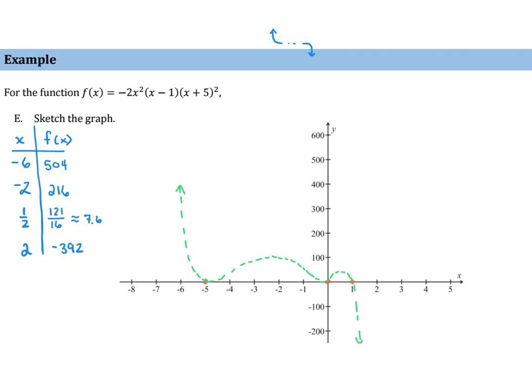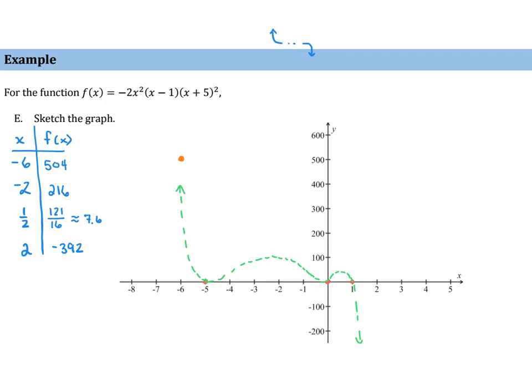So negative 6 is at about positive 504. And then whenever we look at negative 2, we got 216.